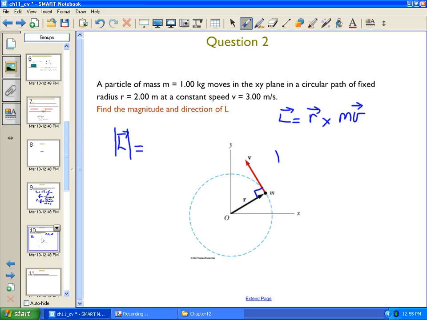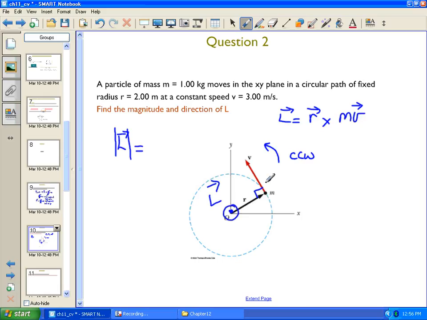And the rotation, you can see, is occurring in a counterclockwise direction, which means that if we use the right-hand rule, r cross v, we sweep our fingers in the direction of the rotation, and you can see that the direction of L is out of the plane of the paper.